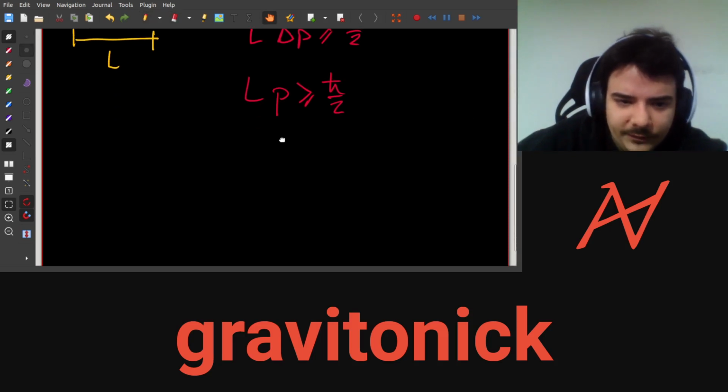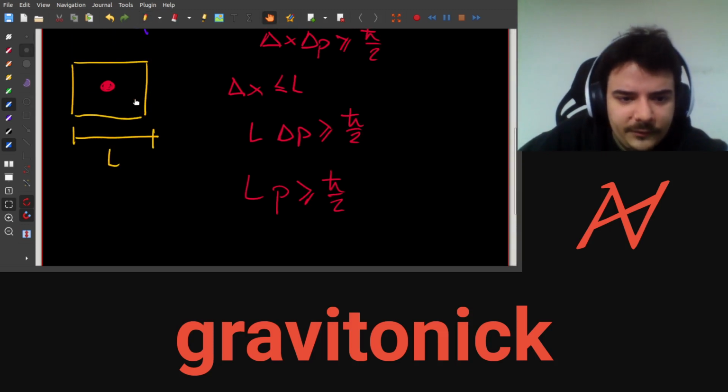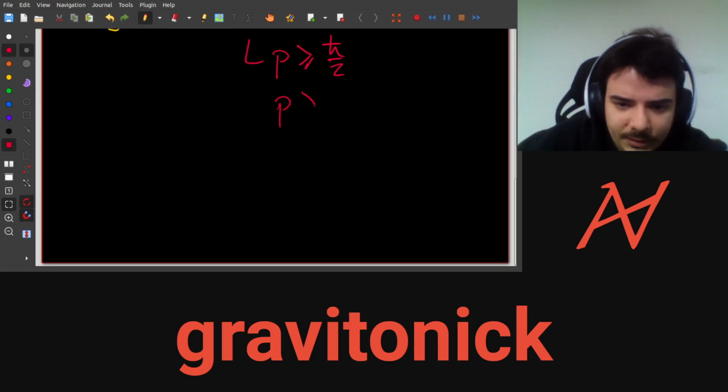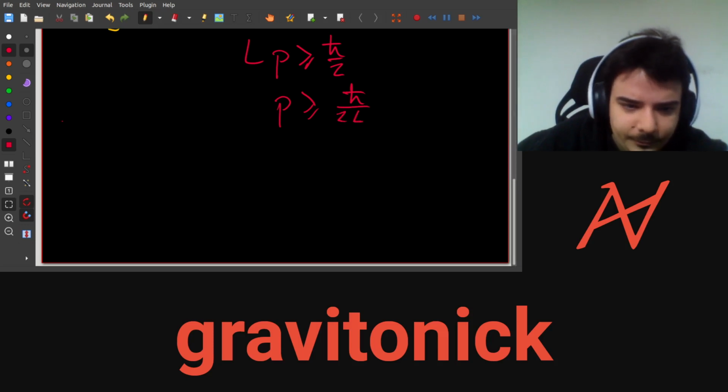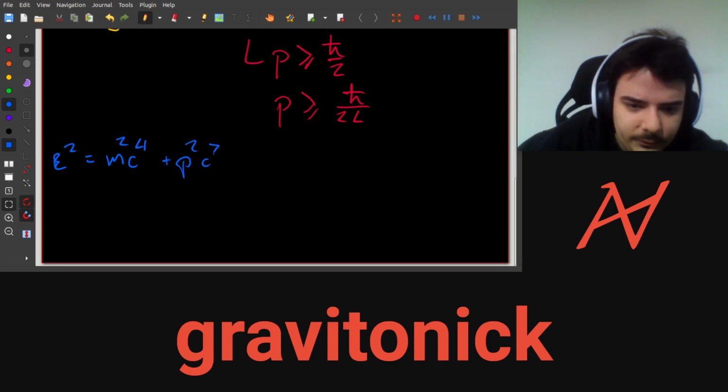Now we have this. I'm now going to wonder about what is the energy of the particle inside this box. We know here that the momentum is larger than or equal to h bar over 2L. Now we know the energy from special relativity is given by E squared equals m squared c to the fourth plus p squared c squared.